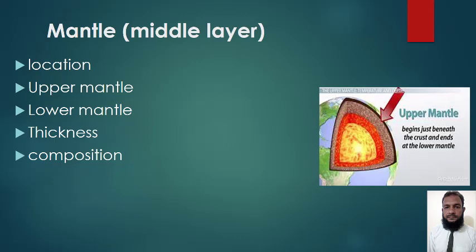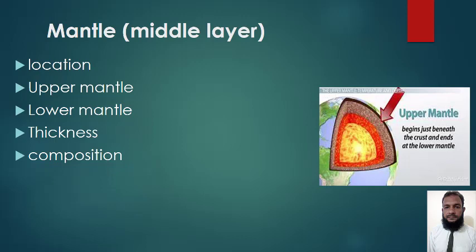In this layer, most of the rocks are in molten state, because temperature is very high in the mantle layer, due to which minerals are in molten form. Below the upper mantle is lower mantle, which is hard and solid. It mostly consists of iron, silicon and magnesium.